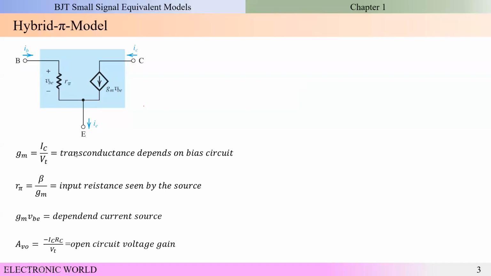These are the elements or characteristics we know about for this kind of calculation. We know the transconductance, the input resistance, and the dependent current source. These three are dependent on the bias circuit.